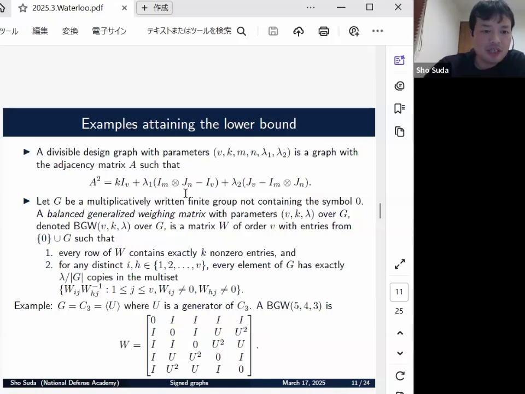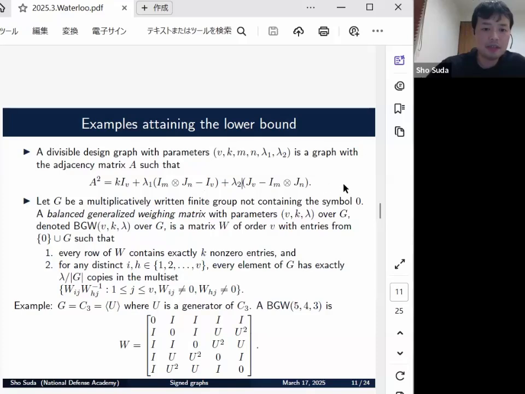For these conditions, m times n must be equal to v. And k appears as the coefficient of I here, lambda 1 and lambda 2 appear as the coefficients of the second and third terms.